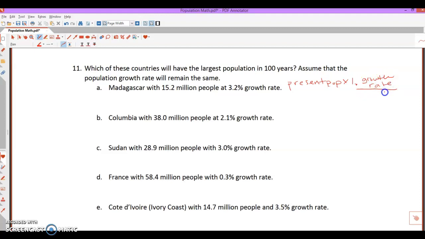Okay? And then to the growth rate, we're going to add an exponent. And that exponent is going to be 100 because it's asking for 100 years.